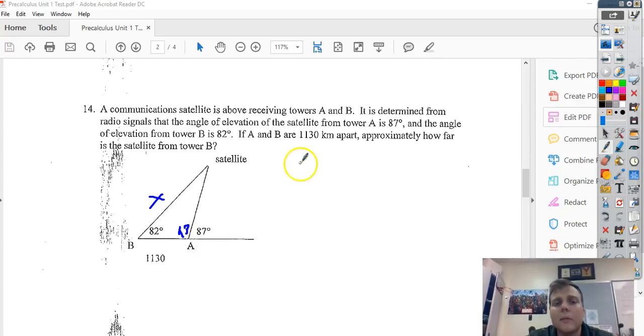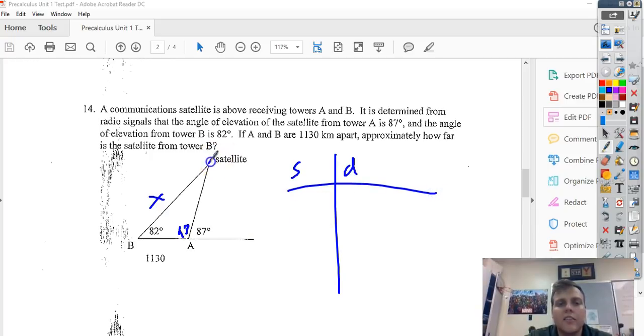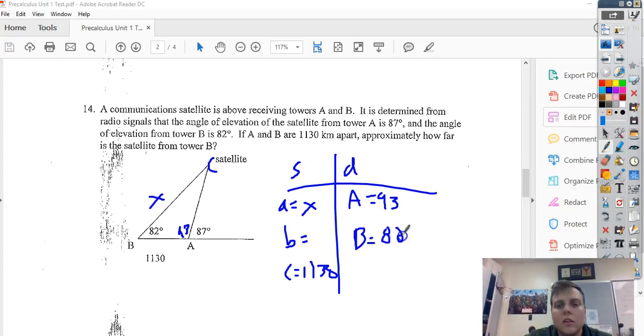So instead, I'm going to set up my sides and angles table. So, and this is C, by the way. So they already told us that little a is what we want to find, so I'm just going to put that as X. Little b, I don't know. Little c is 1130. Big A is 93. Big B is 82. And big C, I don't know.